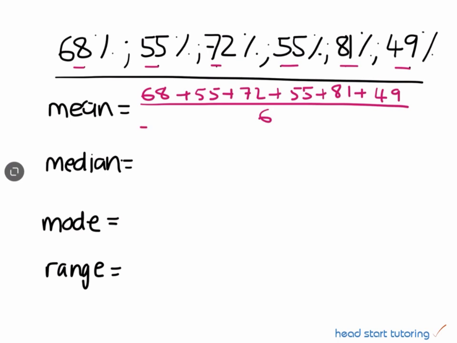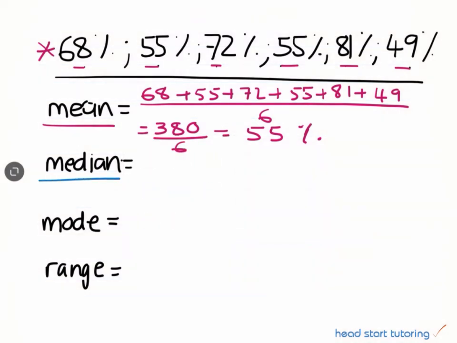If we sum all of those percentages together, we would get an answer of 380, and we then divide that by 6, and we would get an answer of 55%. So the mean average of these percentages would be 55%.